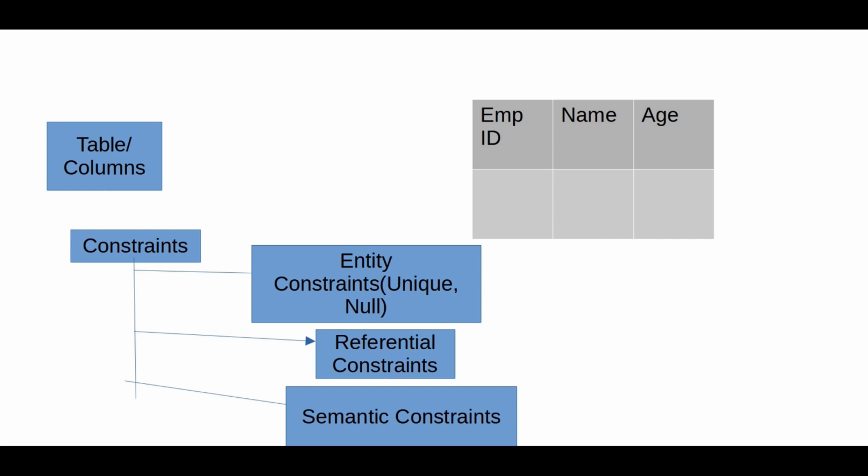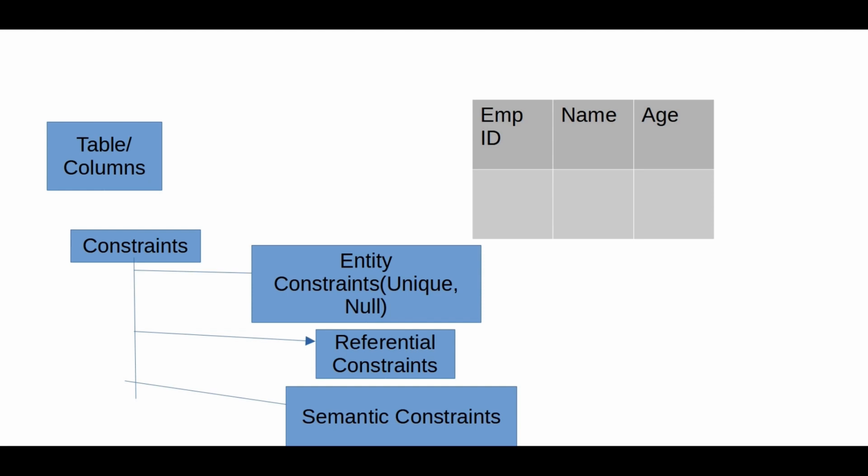What we also want to capture and convey are known as constraints, because we can't simply put whatever data we want wherever we want. Let us put some rules. These are known as constraints. Generally, three kinds of constraints are there: entity constraint, referential constraint, and semantic constraint. We need to understand all three before we get into the actual design.